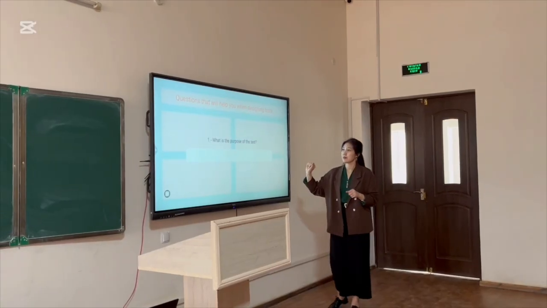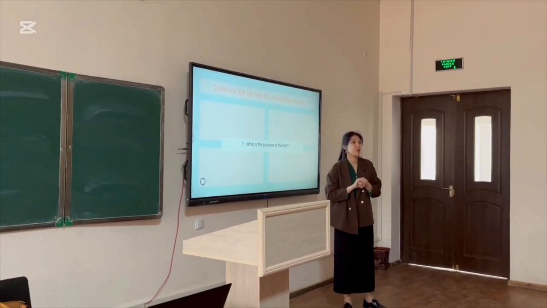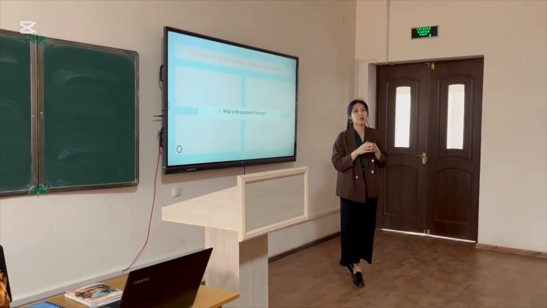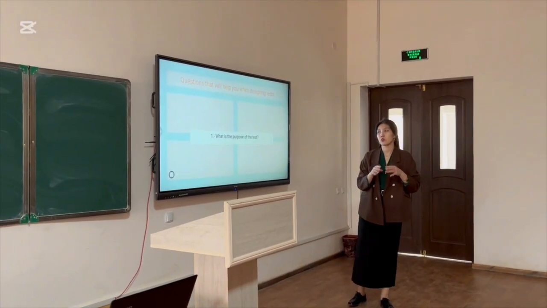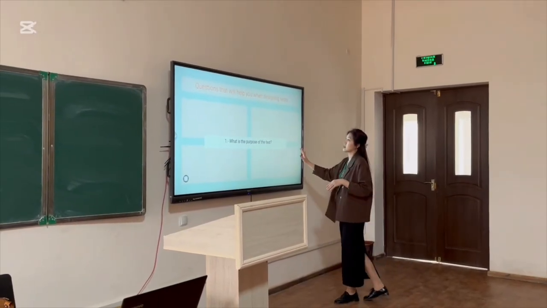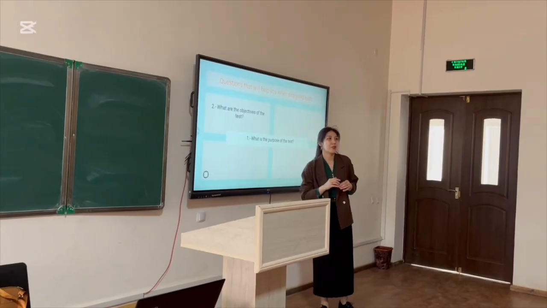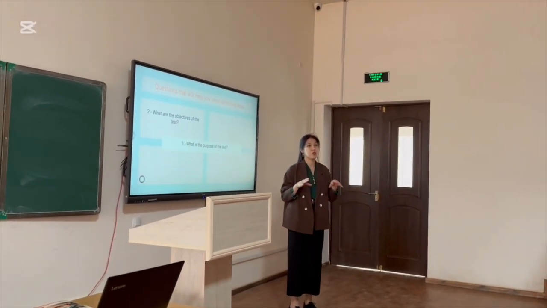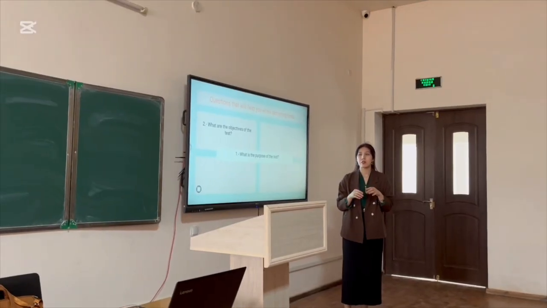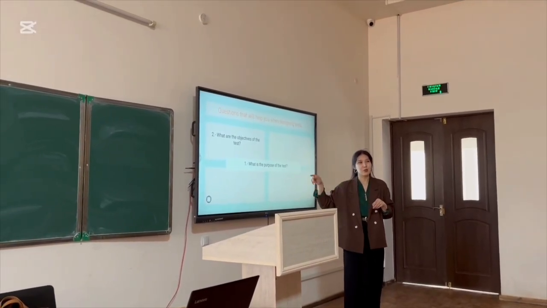First one. What is the purpose of the test? Without the purpose, we cannot design any test. It should have a clear purpose. Next one. What are the objectives of the test? This objective is when we mention what students will be able to do.